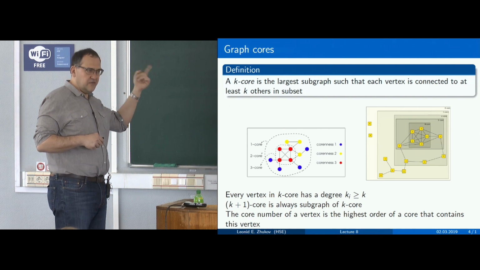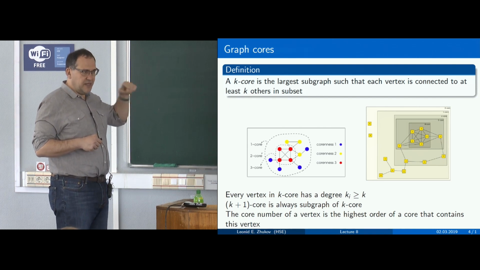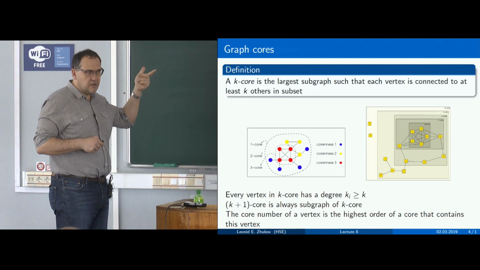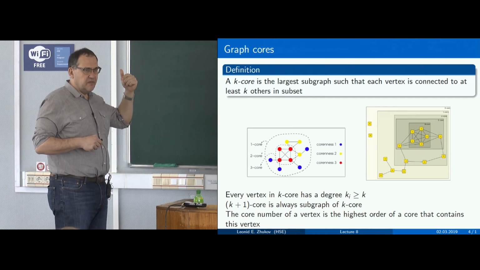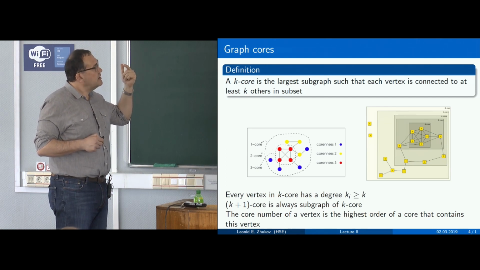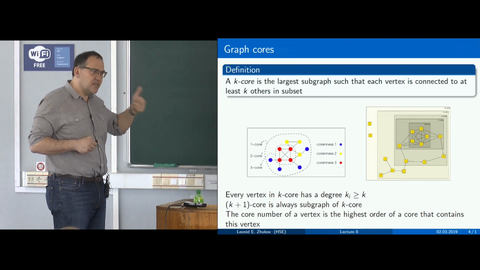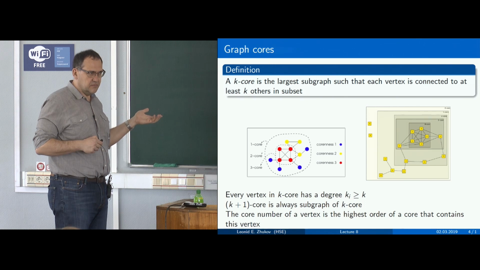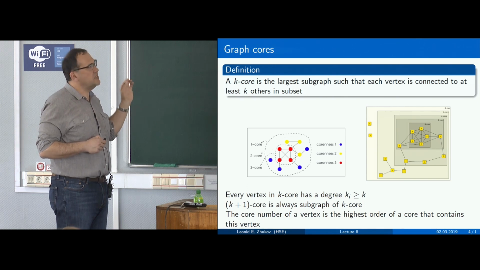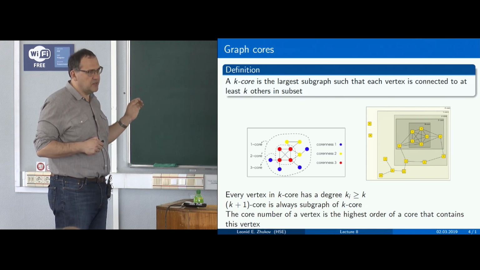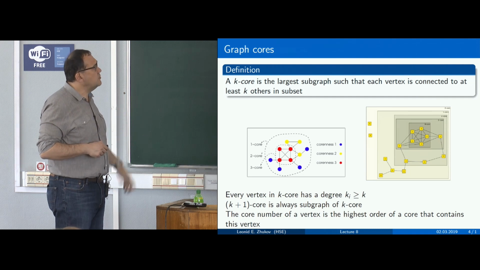At least 2 other vertices, which means it can be connected to 2 and more, which means that a 2-core can contain nodes with degrees greater than 2. So this is not a node degree, right? That's very important.